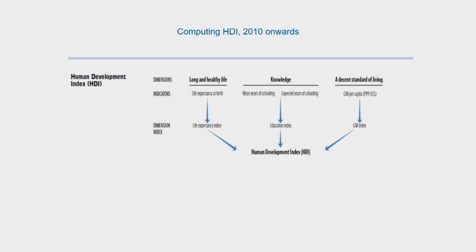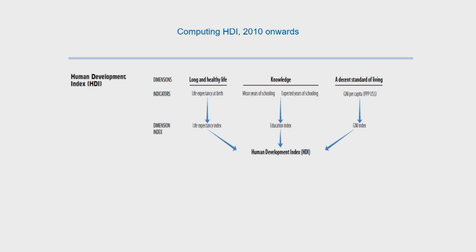There were two changes. One was the change in the list of indicators, and the other was a change in the method of calculation of the HDI. We moved from a simple arithmetic mean average calculation to a geometric mean calculation, and these were the dimensions in the indicators. The long and healthy life or longevity dimension remained just the same.